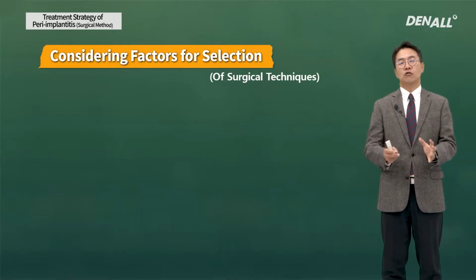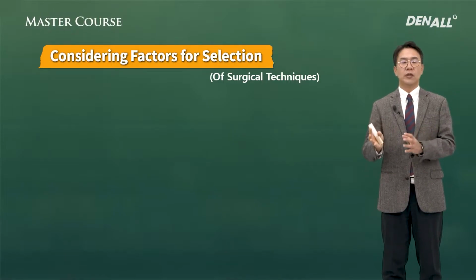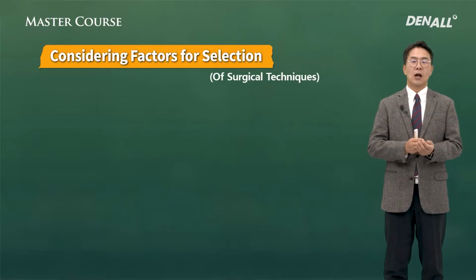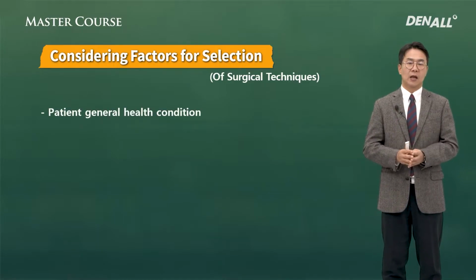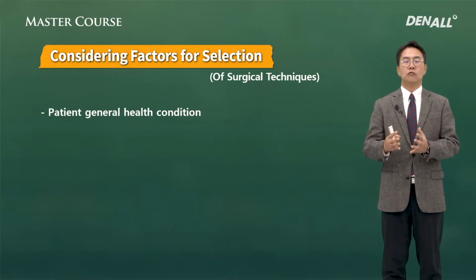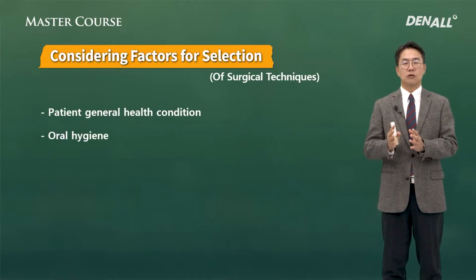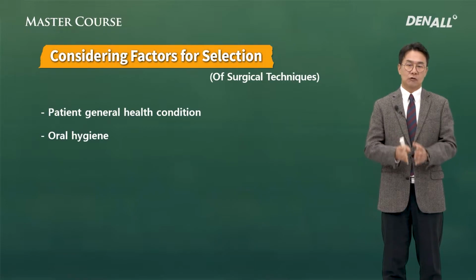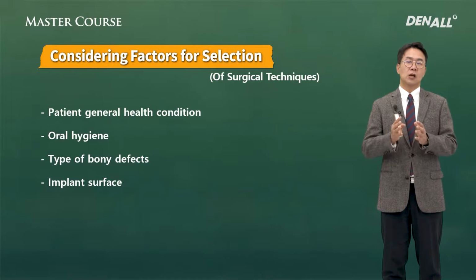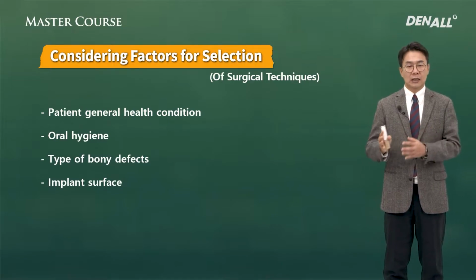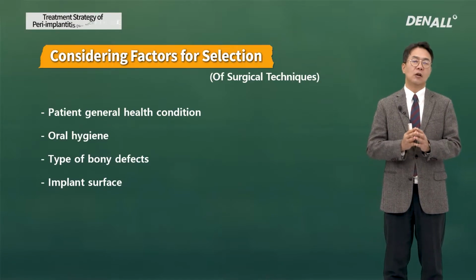When you make a decision as to which option you're going to use, you need to have a set of standards. You need to look at patient's systemic health and whether the patient can maintain oral hygiene well after treatment. Implant type or the level of bone loss around the implant needs to be considered.